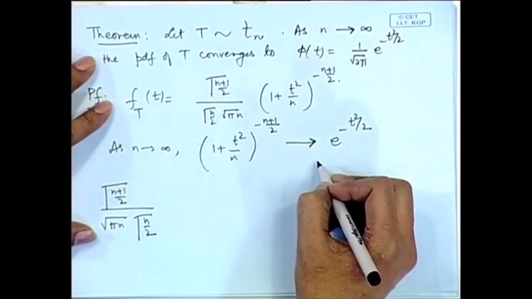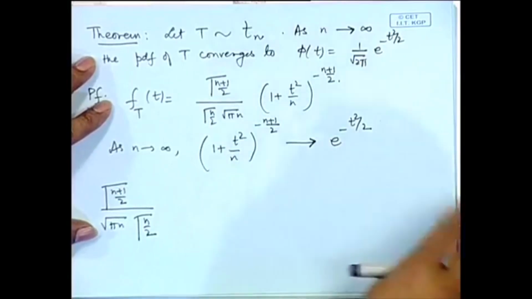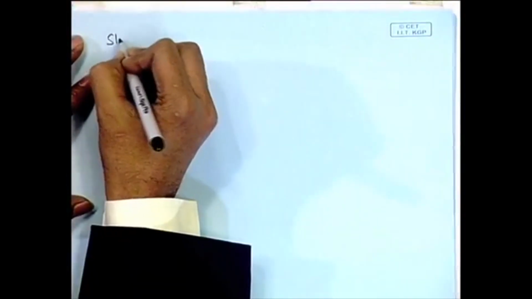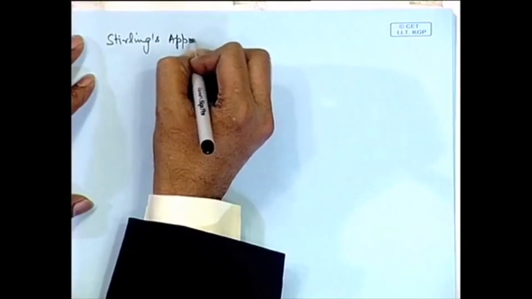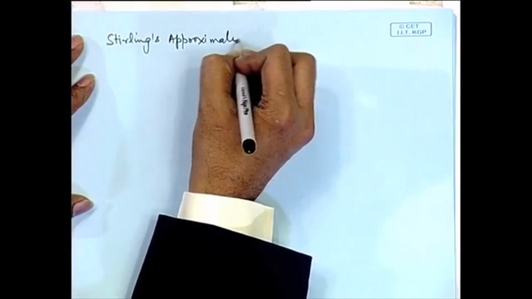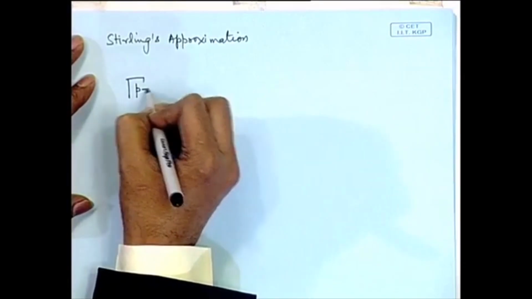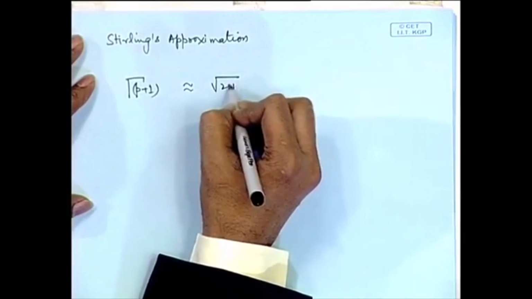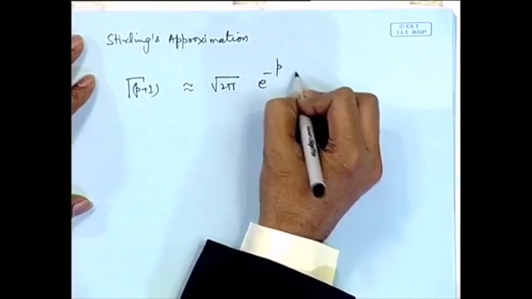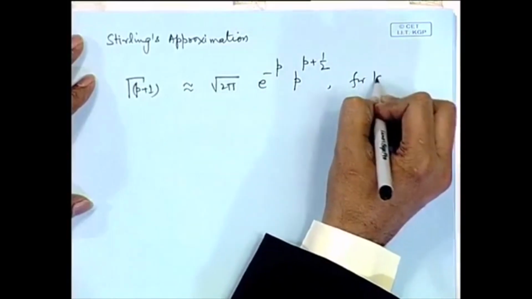Now, there is a formula called Stirling's approximation: Gamma(p+1) can be approximated by root 2 pi e to the power minus p, p to the power p plus half, for large p.